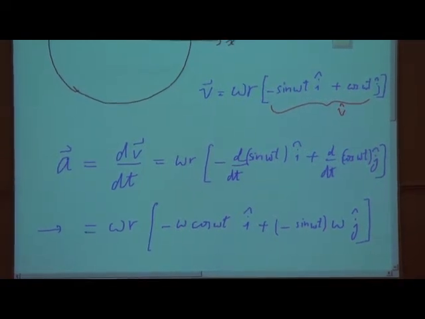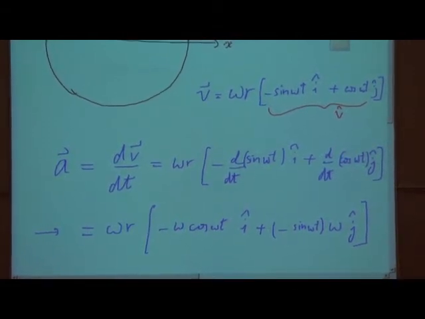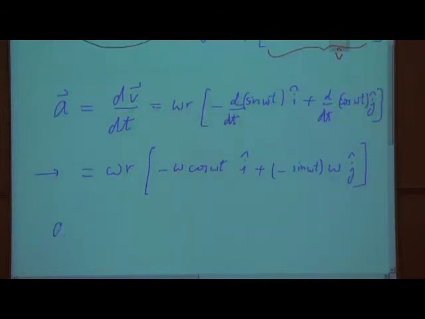Now in both terms, I have a minus omega. I can take it out. So now I have acceleration equals minus omega squared r times cos omega t i plus sine omega t j.